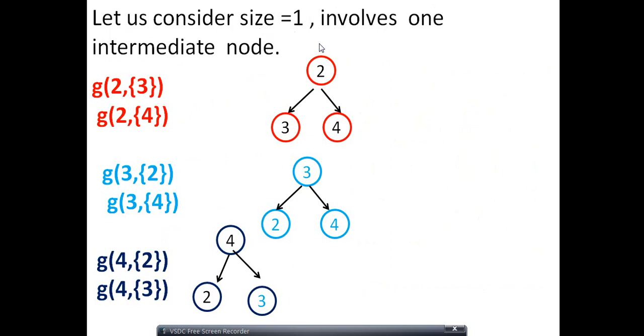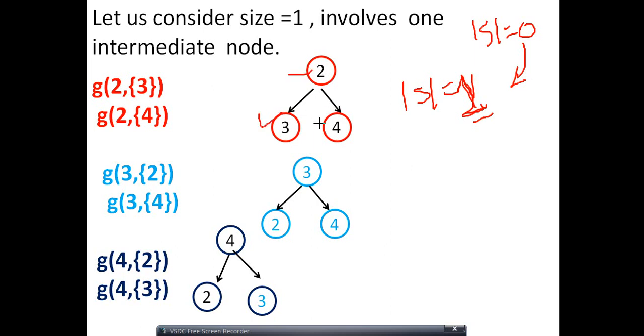Okay. And now next stage is what? Let us consider stage is equal to 1, or we can say mod s is equal to 1, because in the previous slide we have calculated mod s equal to 0.